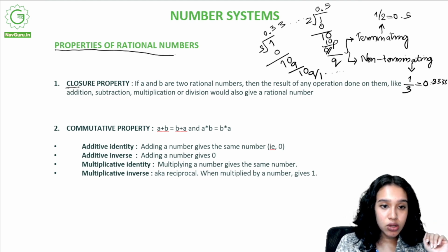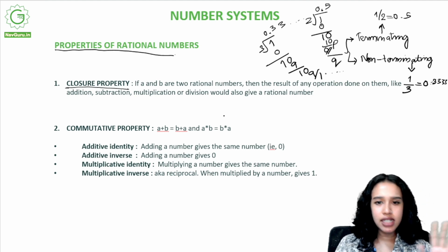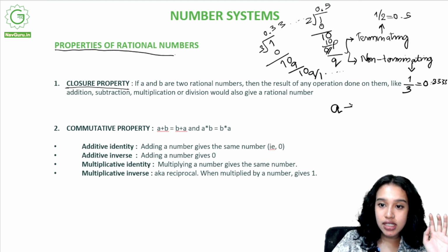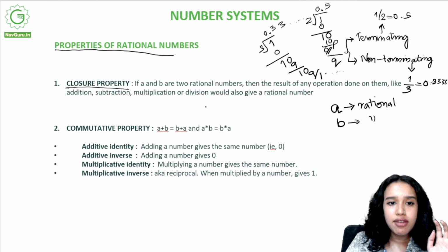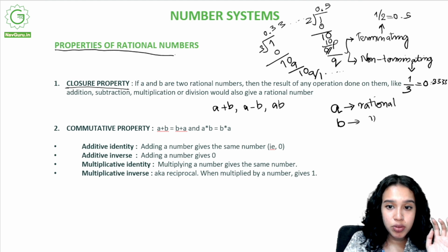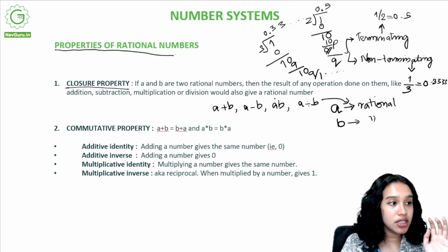First we have the closure property. The closure property is very simple. It just says that if A is a rational number and B is also a rational number, if I'm doing any operation on them, like A plus B, A minus B, A into B, or A divided by B, we just get a rational number as a result.